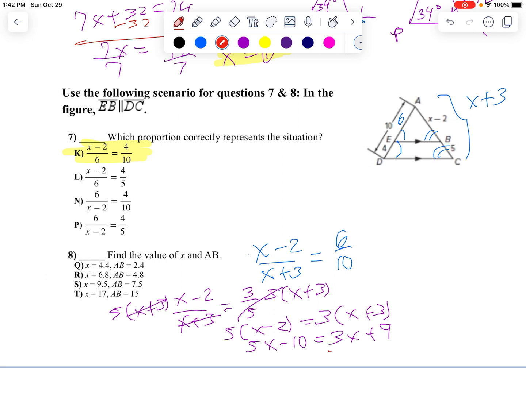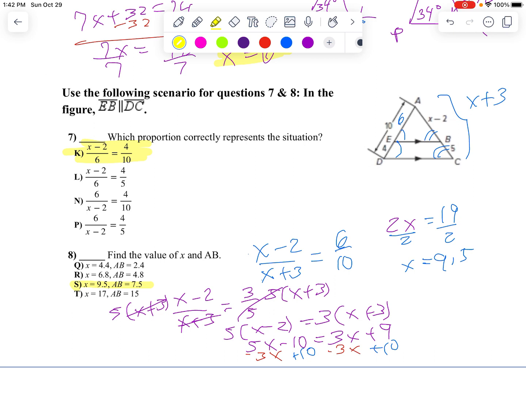Let's get all the x's on the same side. So we're going to get 2x. Write that over here. And since we got 2x, let's get rid of that 10. So let's add 10 to both sides. So 2x equals 19. Then I'll divide both sides by 2. X would be 9.5. Notice you only have one choice with x being 9.5, so it must be choice S.